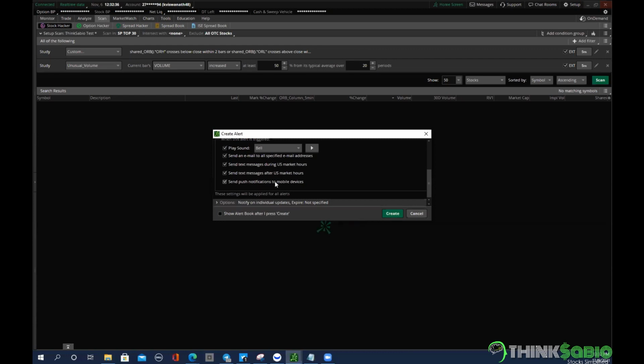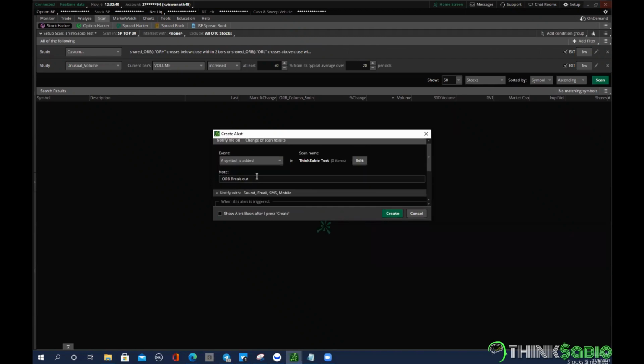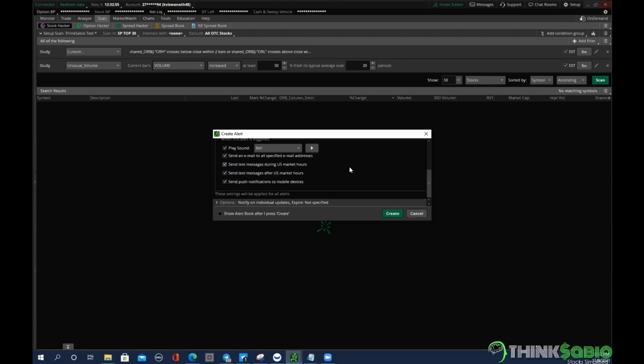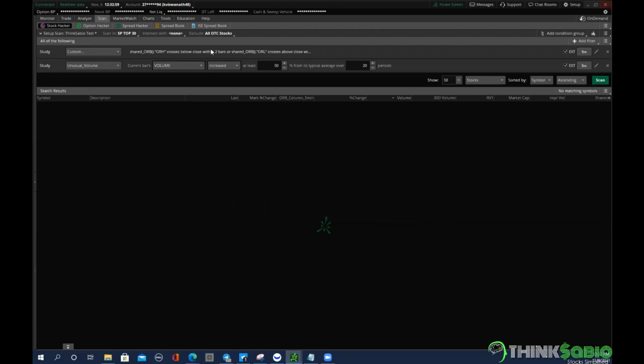If you have the Thinkorswim app on your phone, you can just enable this, and whenever a symbol is added, you will get a notification on your phone or email, and your Thinkorswim platform will also ring a bell.